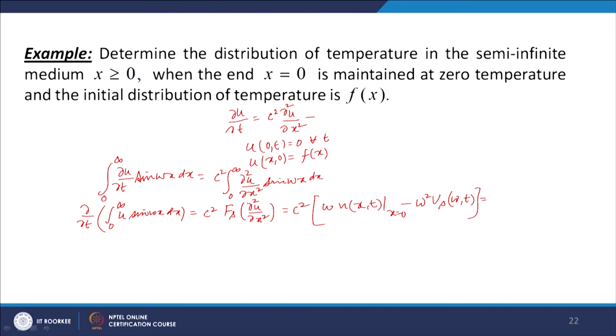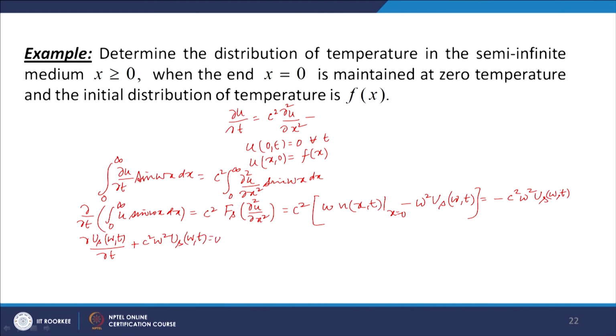So, we get here minus c square omega square u_s(omega,t). And the left hand side is the derivative of u_s(omega,t), so we have plus c square omega square u_s(omega,t).